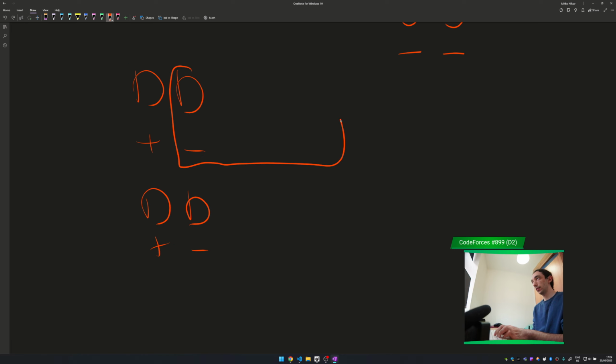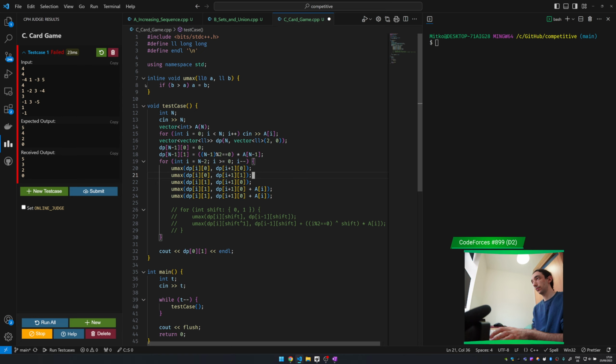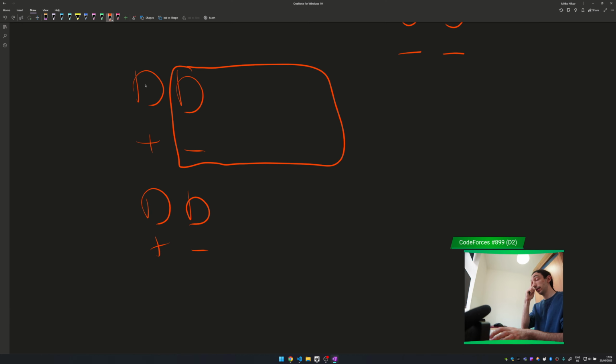I do something here, I don't care, but I don't buy this element, right? But in the other case I buy this element: first I buy all of these elements, then I buy this element.